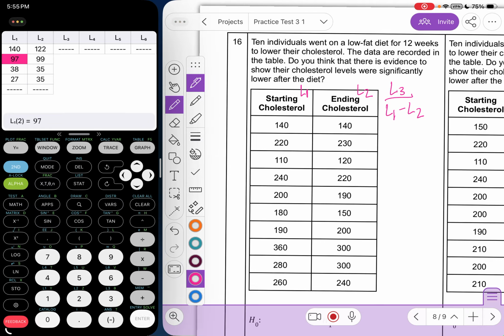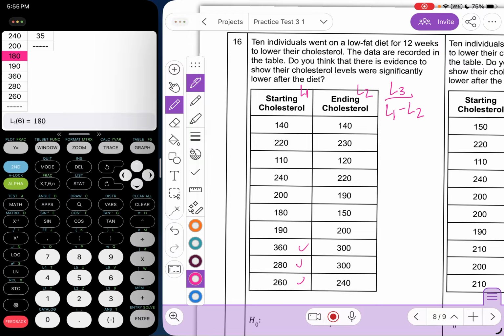So L1, 140, 220, 110, 240, 200, 180, 190, 360, 280, 260. Okay. Oh, nope, 140.